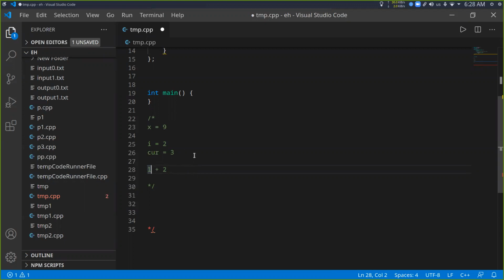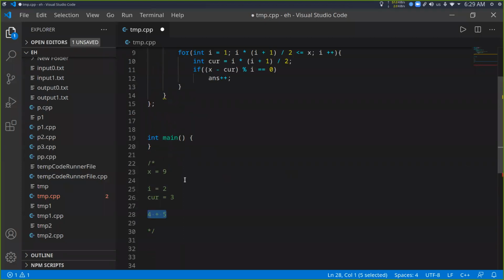So I'll just add 3 here and 3 here. 1 plus 3 is 4, 2 plus 3 is 5. So the difference between x and current, I distributed over the I, and then I reached our intended value, which is 9. So 4 plus 5 is 9.